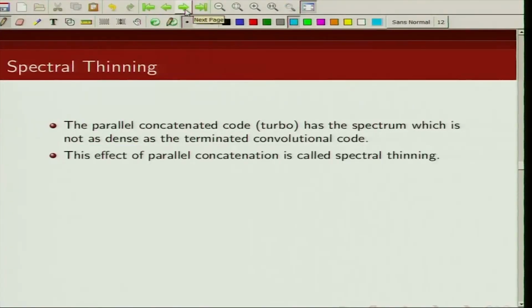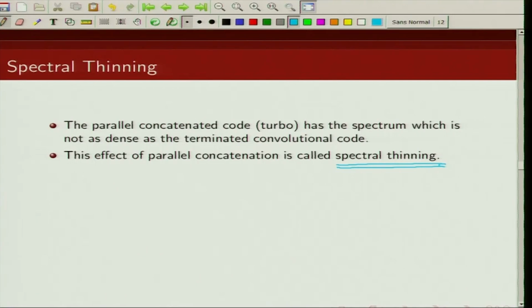This effect of parallel concatenation, where the multiplicity of low weight code words gets reduced, is known as spectral thinning, and this is observed when we are using systematic feedback encoders as the constituent encoders in convolutional codes.